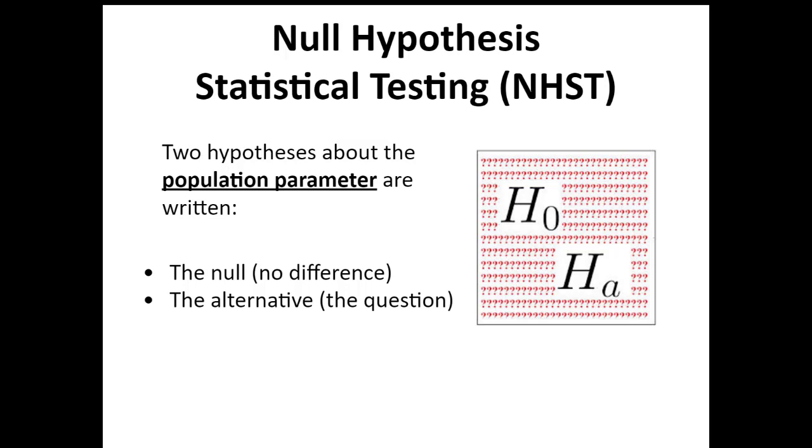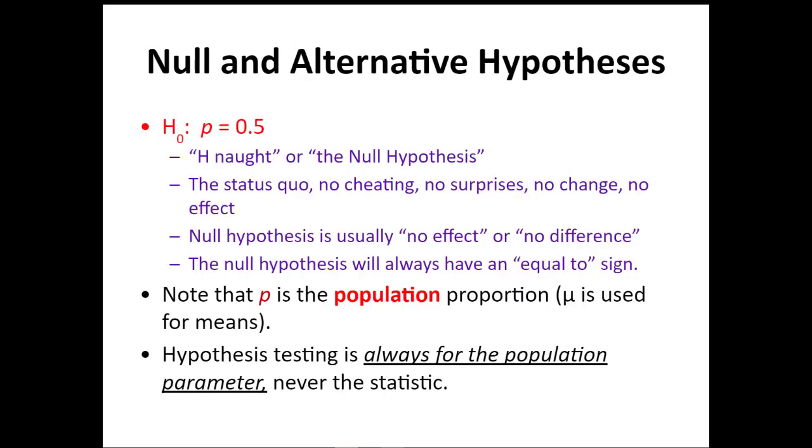So if your question is asking if there is going to be any change, if something is going to decrease or if something is going to increase, it's going to be stated as the alternate hypothesis relative to the null hypothesis. When writing the null hypothesis, we use the notation H0, and H0 is the capital H with a zero subscript.